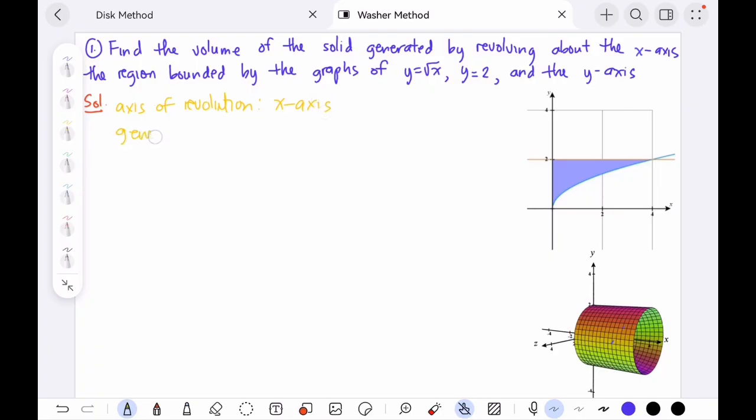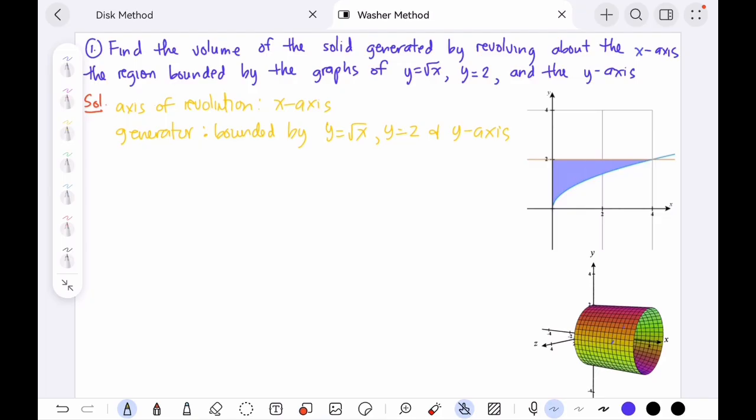The generator is bounded by y equal to square root of x, y equal to 2, and y-axis. So you can see that on the right hand side.